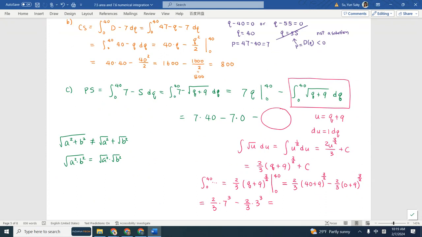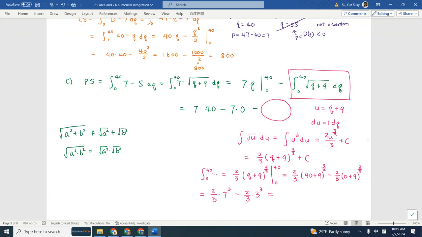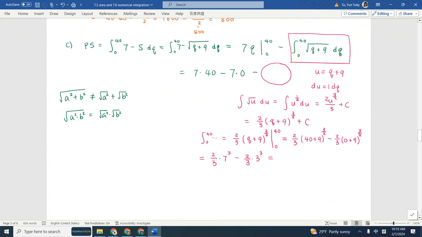Okay, plug this in your calculator. What do you get? Give me a fraction. Will your calculator give you a fraction?